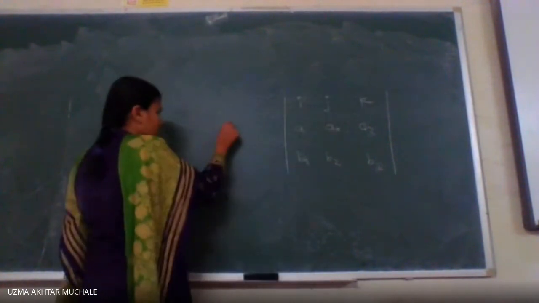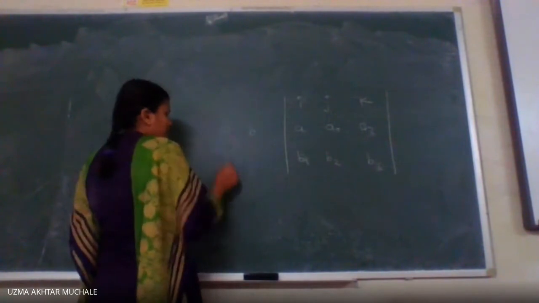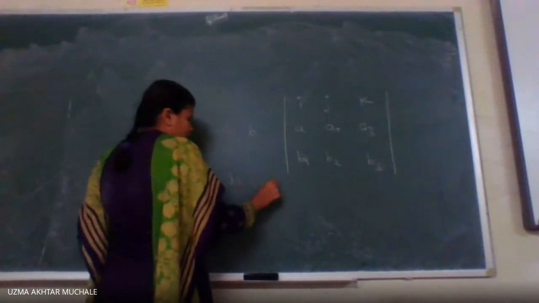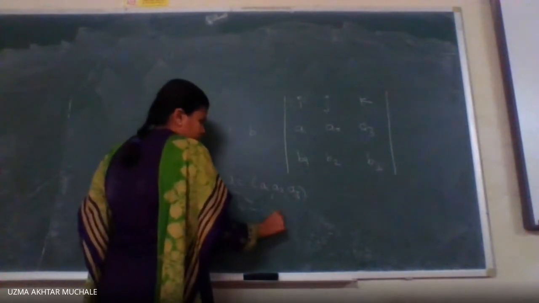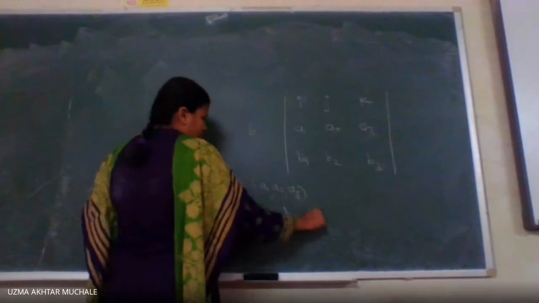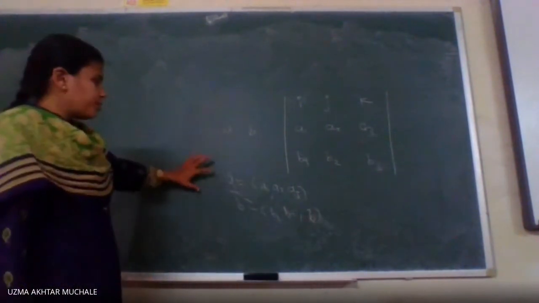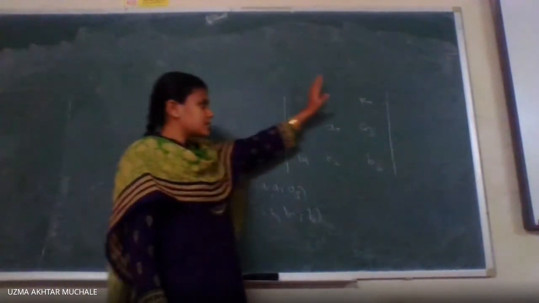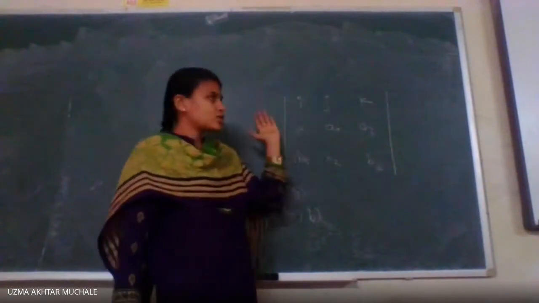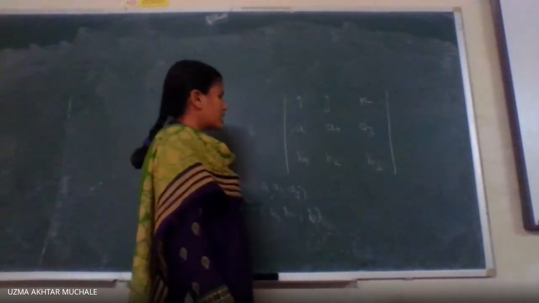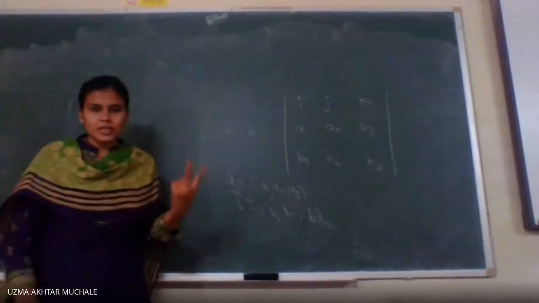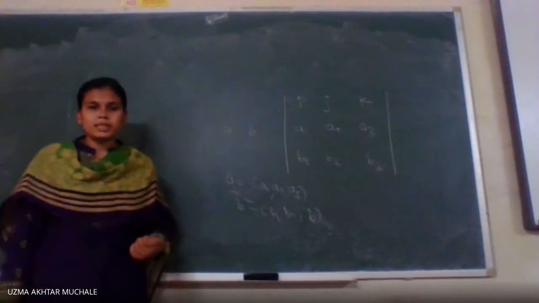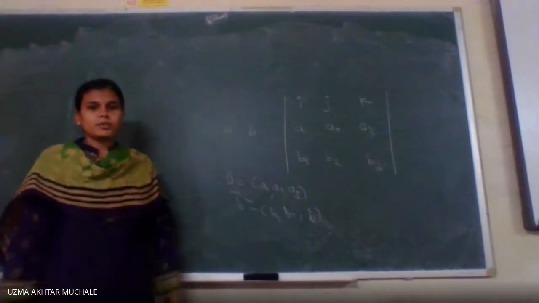Second is the coordinates of the first vector, that is a bar equals a1 a2 a3. Third is b bar equals b1 b2 and b3. Correct? So what is the resultant of this? What do you get from this? A cross B.